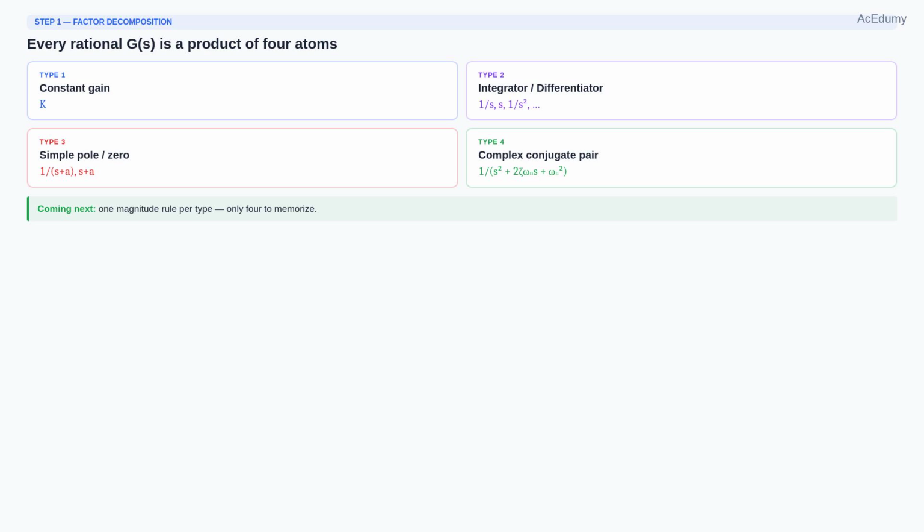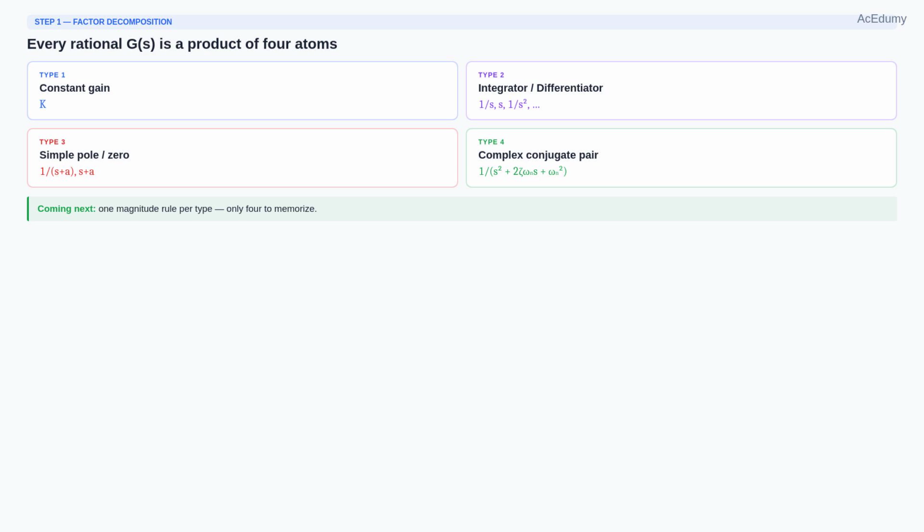Step 1. Factor decomposition. Any rational transfer function can be written as a product of simple atoms. Type 1, a constant gain k. Type 2, an integrator 1 over s or a pure differentiator s. Type 3, a simple real pole 1 over s plus a or a simple real zero s plus a.